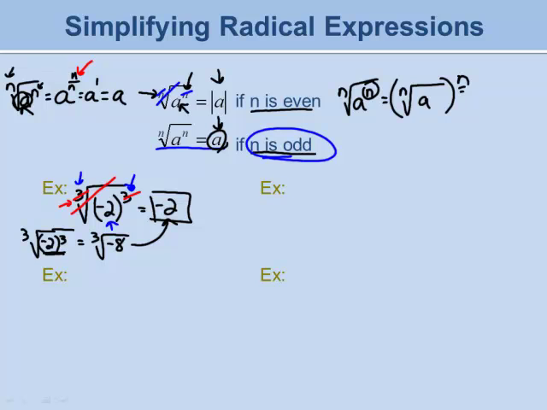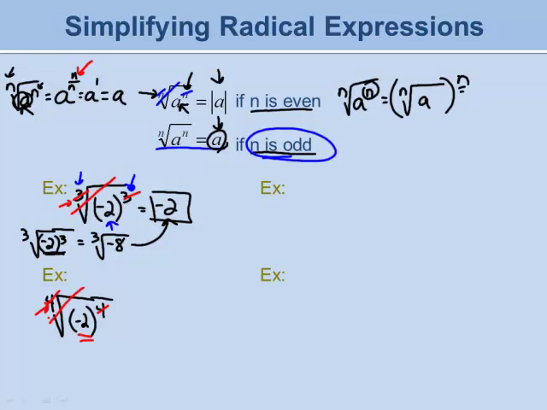As opposed to this example, let's say you were taking the fourth root of -2 to the fourth. Now the basic approach to the problem is the same. If the power matches the index, they cancel each other out. And if you don't have an index anymore, you also don't need the sign.